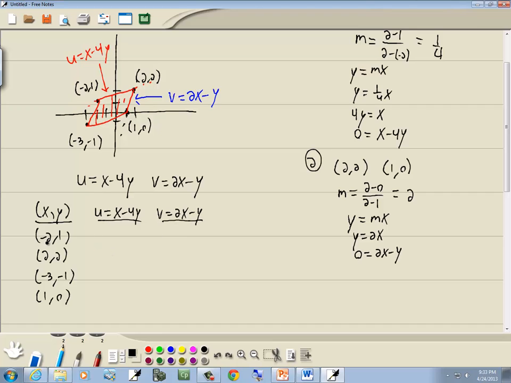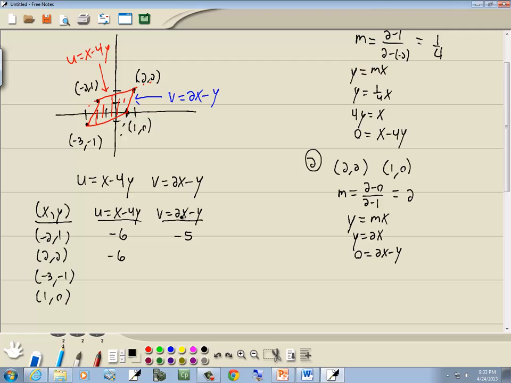So if I plug the -2 in for x and the 1 in for y, I get -2 minus 4 times 1. That gives me -6, I believe. If I plug -2 in here and 1 in here, I get -4 minus 1, -5. Plug 2 and 2 in. We get 2 minus 4 times 2. 4 times 2 is 8, so we get 2 minus 8, which is -6.